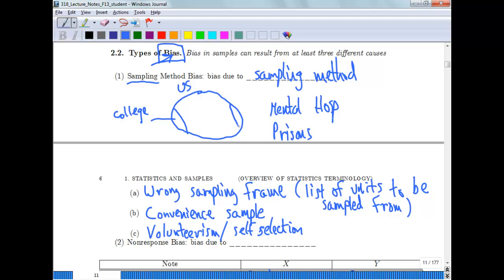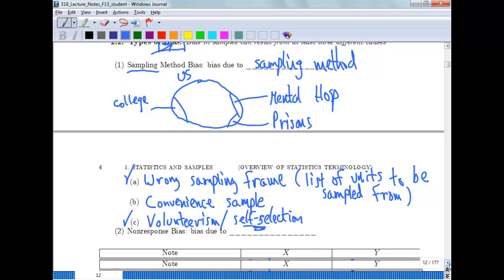Okay, so let's say we got mental hospitals, and we have prisoners. And these are the 3 groups he took from the US population, and then he inferred this to all males. Now, that commits both the wrong sampling frame as well as self-selection. Of college students, mental hospital patients, and prisons, he only was able to get those who would agree to be part of his study. What kind of bias do you think might creep in there? Yeah.